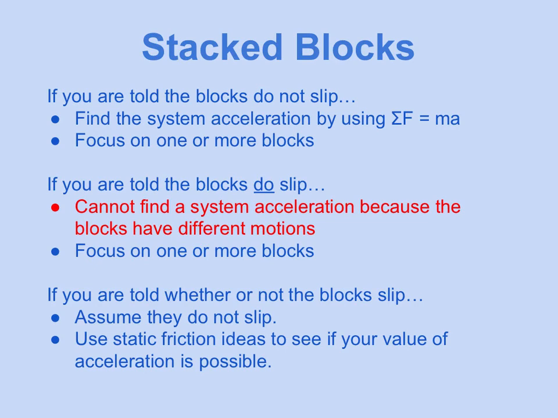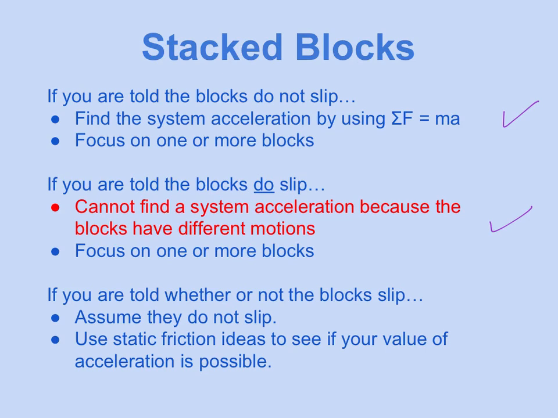Now, the real messy question is if you're not told whether or not the blocks slip. In that case, you have to first answer that question so that you know which of these other two strategies to use. What you want to do is assume that they do not slip. Make that assumption right from the beginning, and then you're going to check that out and see if it actually works with the information given.